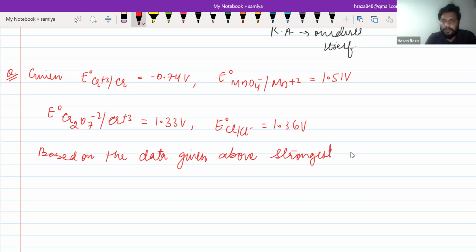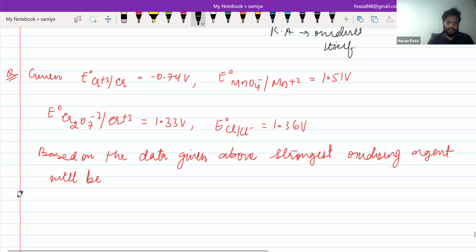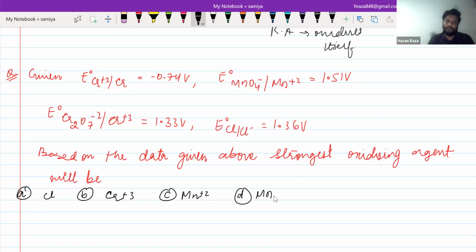The strongest oxidizing agent will be chlorine, Cr plus 3, Mn plus 2 and D is MnO4 minus.